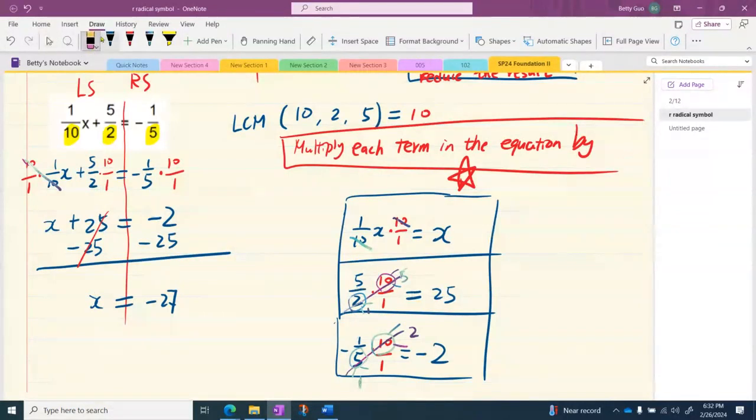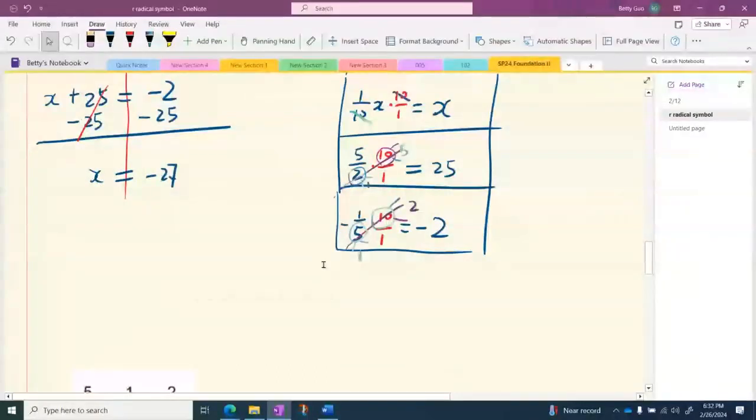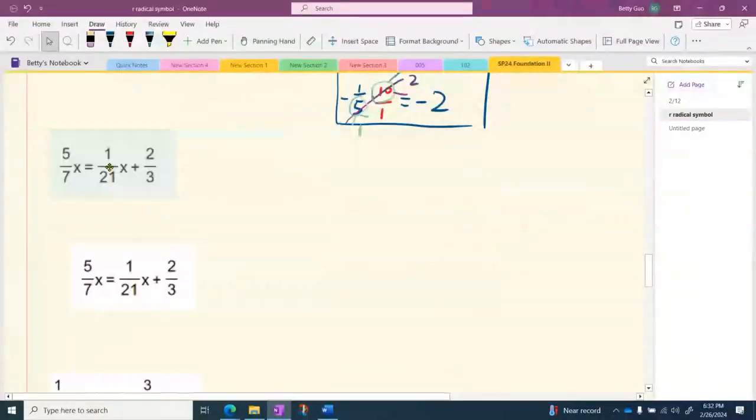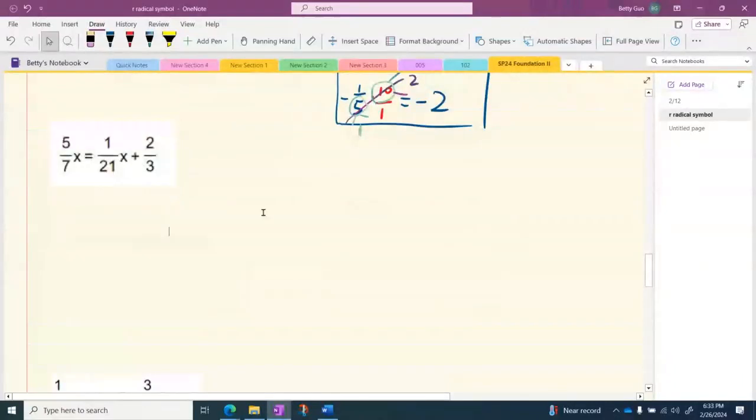I'd like you to try the box method by the LCM. Organize your information, then you don't get lost, right? Okay, so that's one question. You want to try this on your own, practice on your own. Very similar to the previous question.